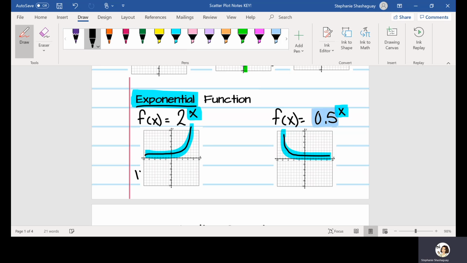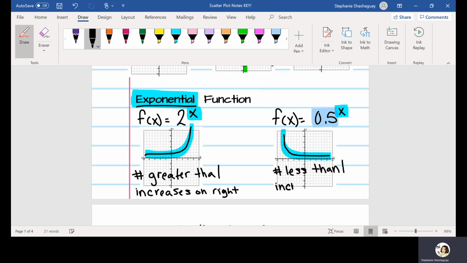So if my number is greater than 1, then it increases on the right, or is called a positive exponential function, okay? If my number is less than 1, then it increases on the left.